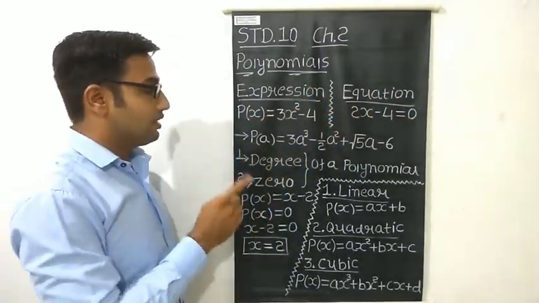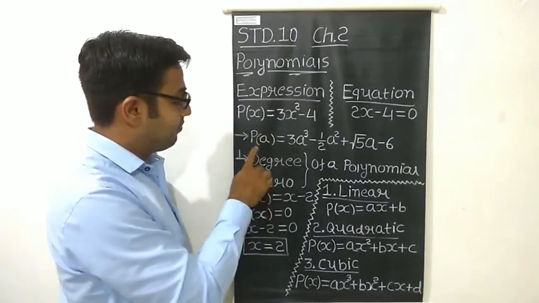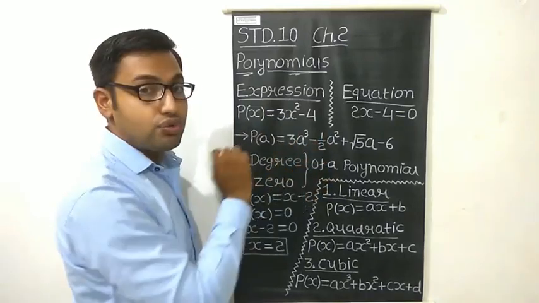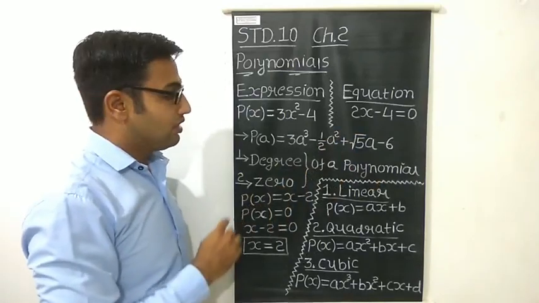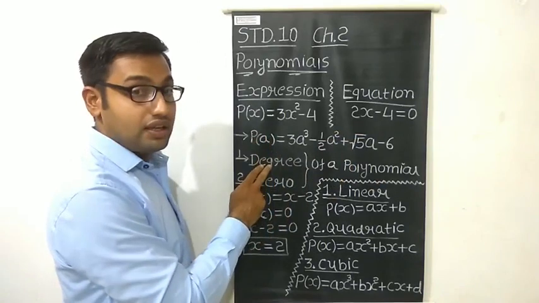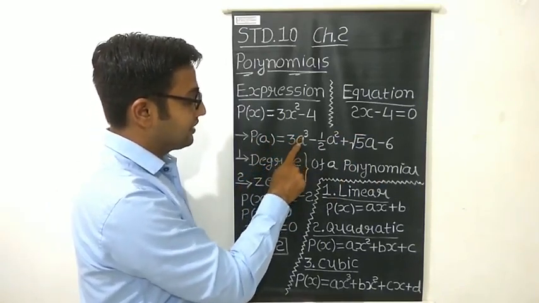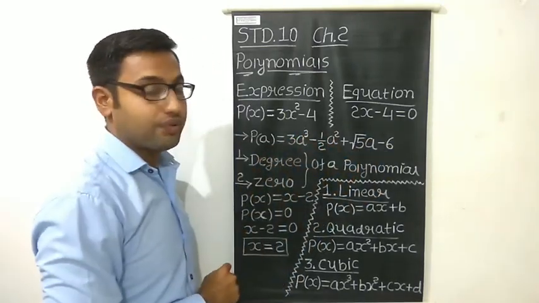Okay, another example of a polynomial in a variable is p of a equals 3a cube minus 1 by 2 a square plus root 5 a minus 6. We can see here that the power of the variable is continuously decreasing: 3, 2, 1 and 0.